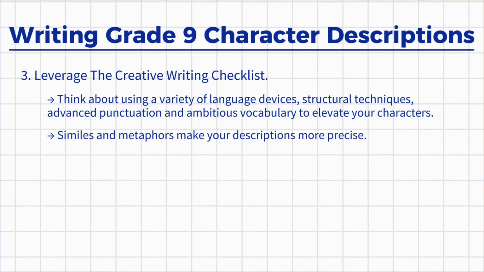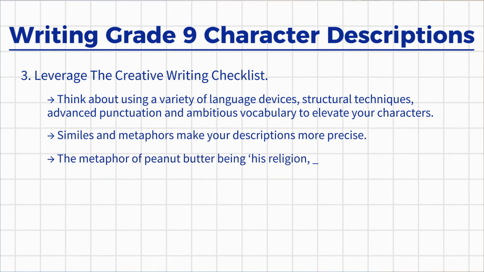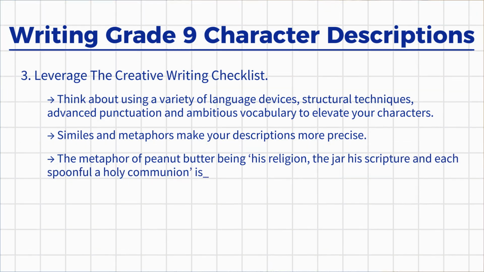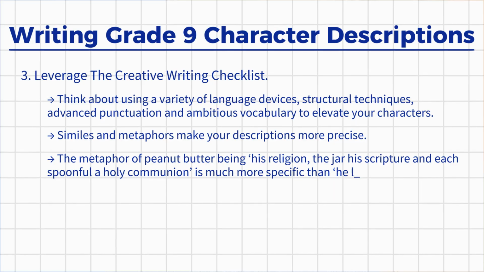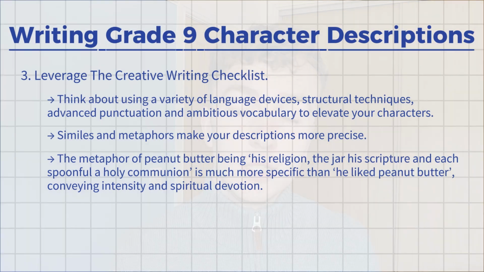So for instance, the metaphor of peanut butter being your character's religion, the jar his scripture, and each spoonful a holy communion, that is much more specific than he liked peanut butter, because it conveys intensity and an almost spiritual devotion to peanut butter, which does deserve to be worshipped as a religion, to be honest.